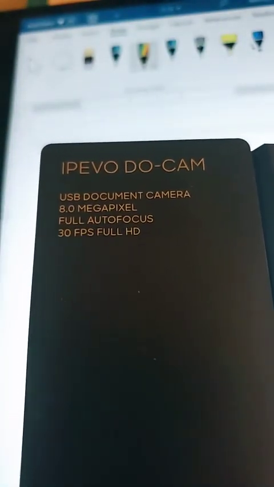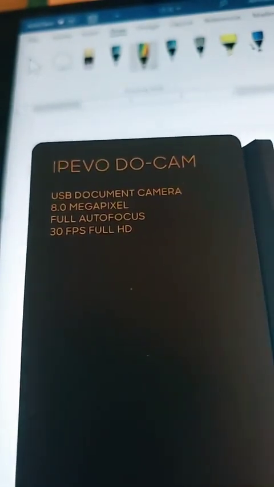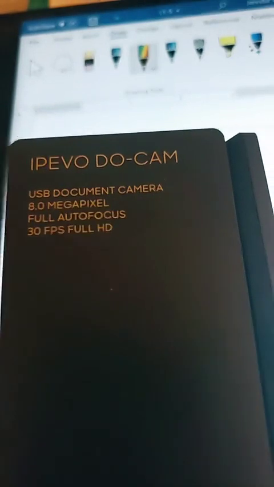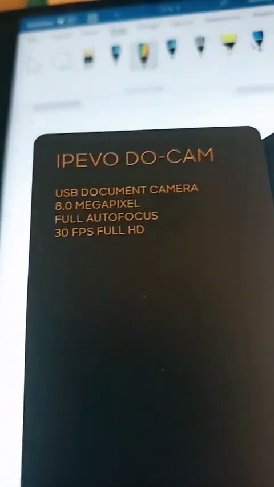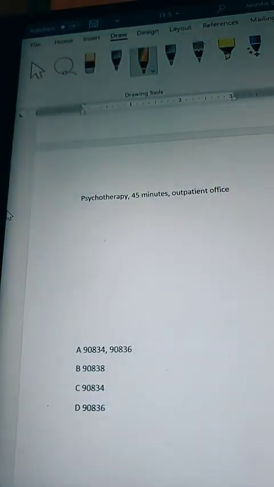The problem is I can't use TikTok Live on a USB camera. TikTok Live only happens on a cell phone. I can't get TikTok to play on my computer, my laptop.